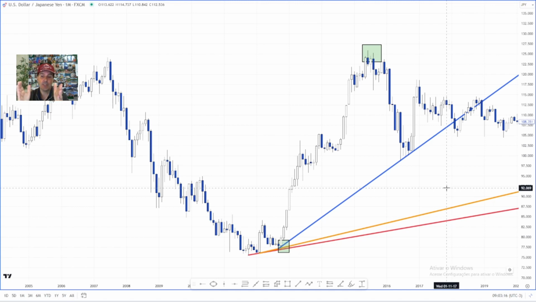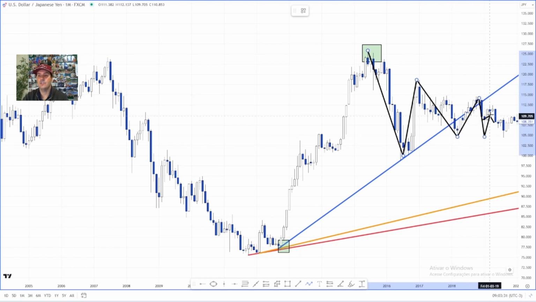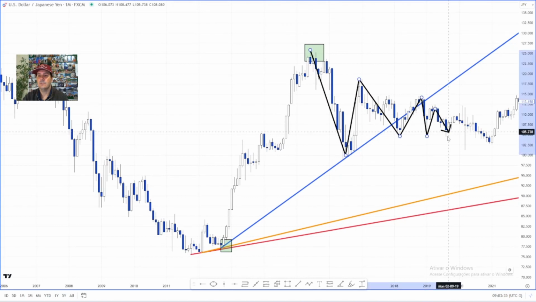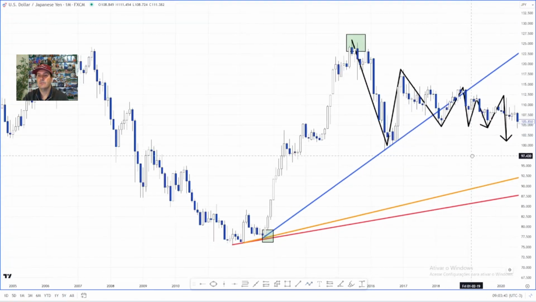And step by step, if you are still arguing or thinking, no, this is wrong, now what if I say high to low, low to high, high to low, low to high, high to low, low to high, high to low, and low to high, and this was the lower low, high to low, right?